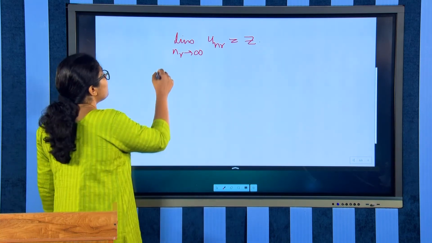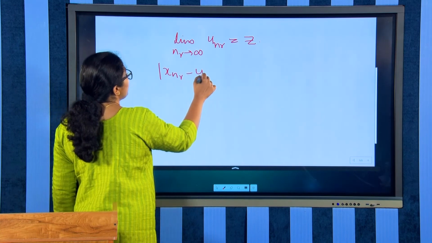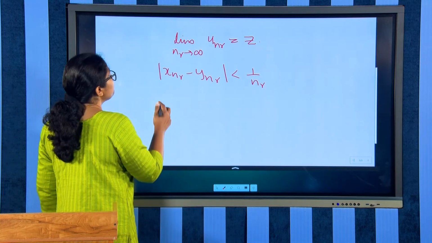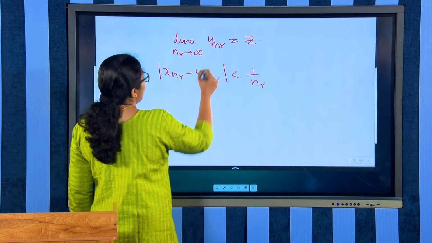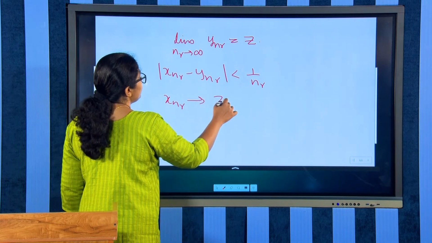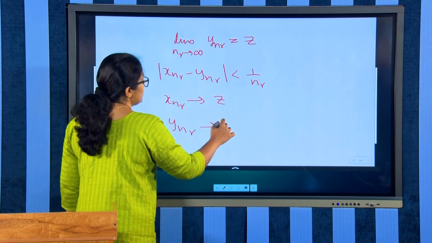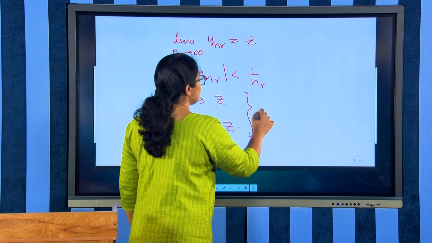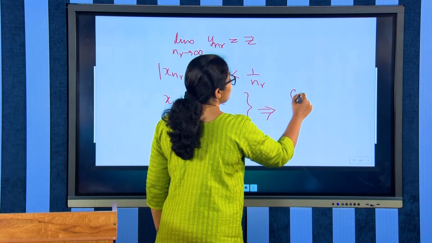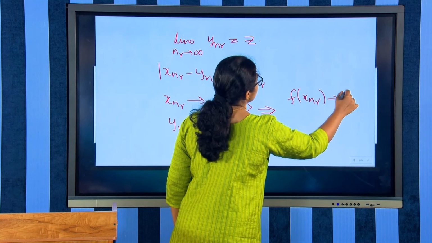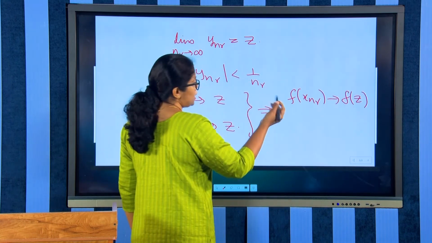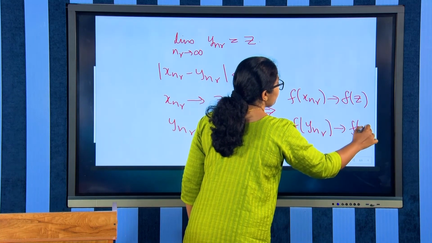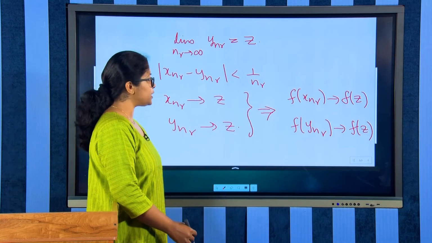So we have modulus of xnr minus ynr less than 1 by nr, which is very small, xnr goes to z, and ynr goes to z. By the continuity of f, these two force f of xnr to go to f of z as nr tends to infinity, and f of ynr to go to f of z as nr tends to infinity.